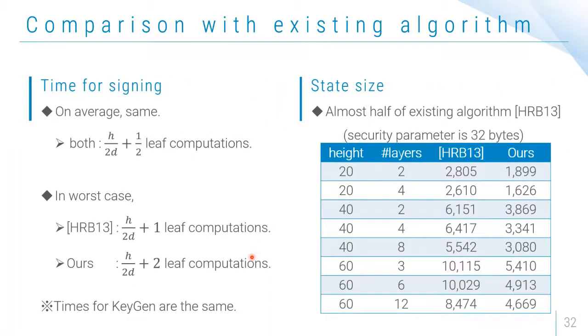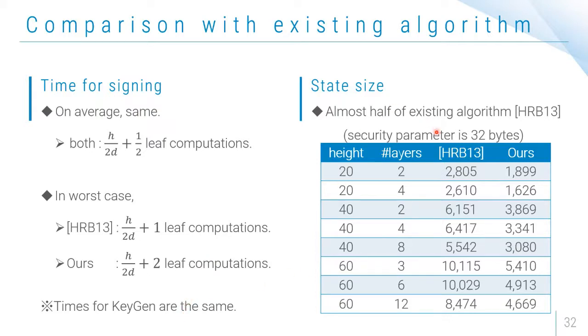I compare performances and state sizes with the existing algorithm of HRB13. First, I compare signing time on average and worst case. As for the average case, they are the same. As for the worst case, our algorithm requires one more leaf computation than the existing algorithm.